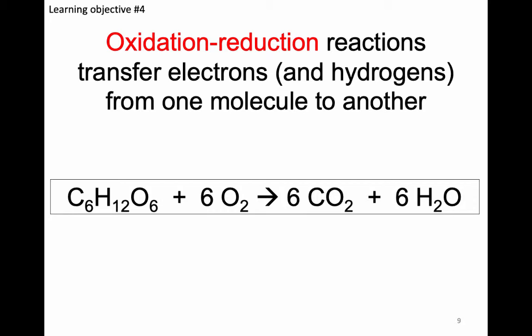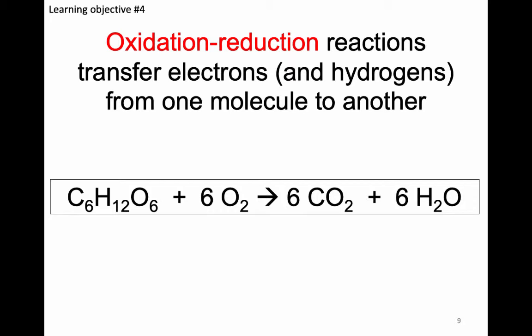There's always an oxidation and a reduction coupled together in a redox reaction. So the glucose molecule is transferring electrons and losing electrons to form carbon dioxide as a product. The oxygen molecule is gaining those electrons that were passed from glucose to form water as a product.